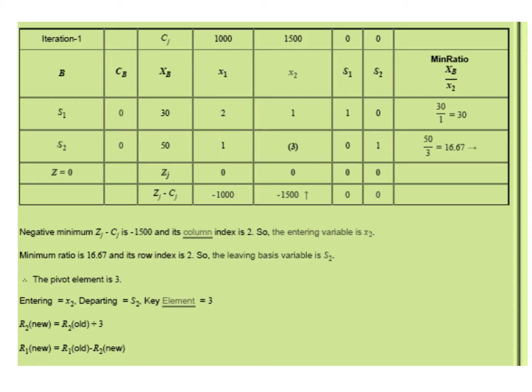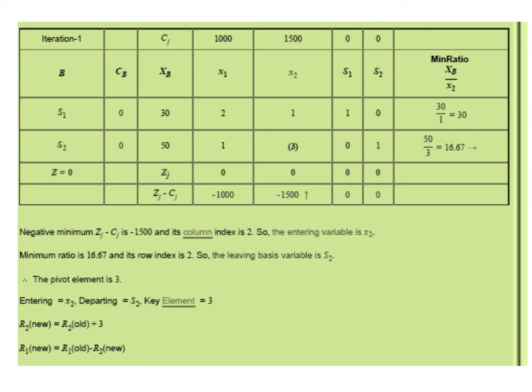Zj minus Cj is formed by subtracting the first row Cj from the fifth row Zj. So here you will see Zj minus Cj is minus 1500. Zj minus Cj gives us an idea as to how much we can increase the value of Z.